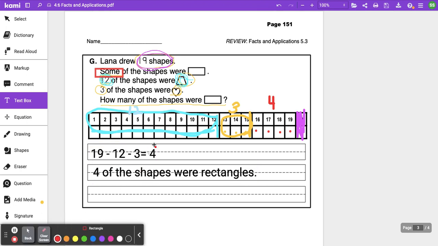All right, I'm going to put in my answer boxes here. 4 of the shapes were rectangles. And I should have the same number in every answer box, 4 and 4. And I know this because I can see here the 19, 12, 3, and 4 make the 19 in all. 4 of the shapes were rectangles.